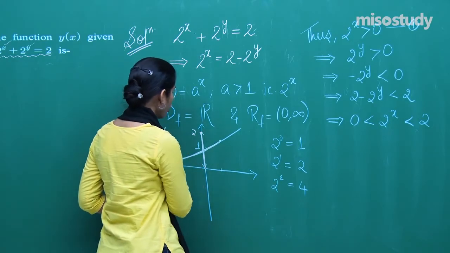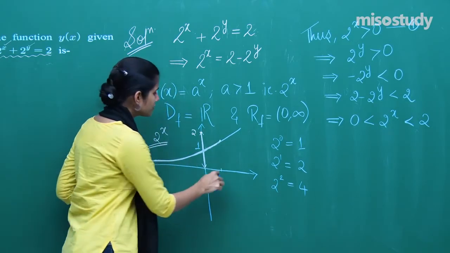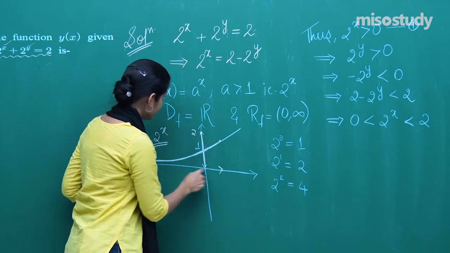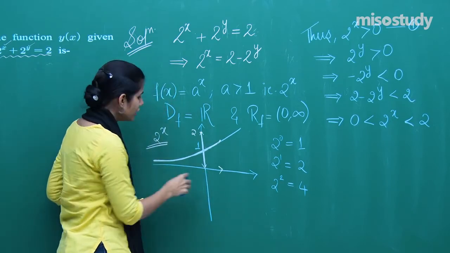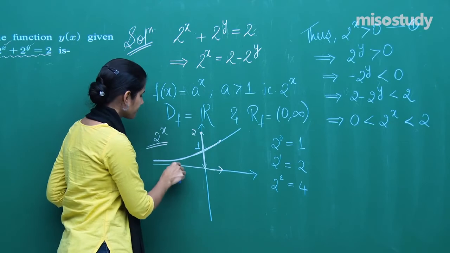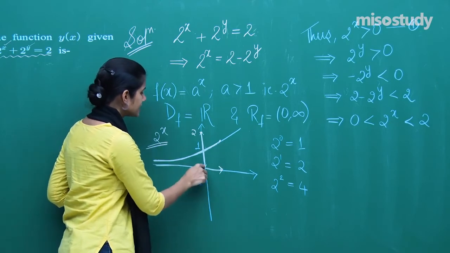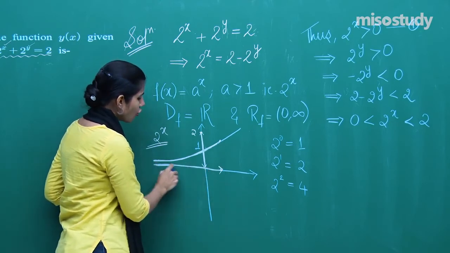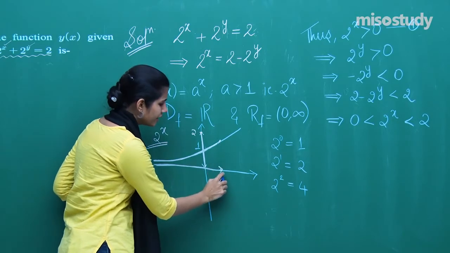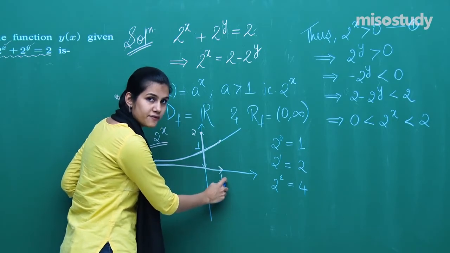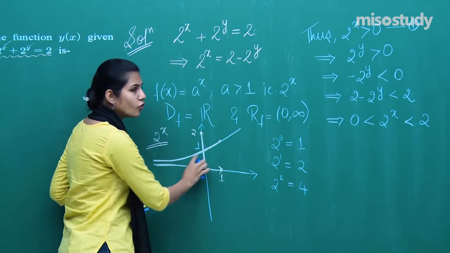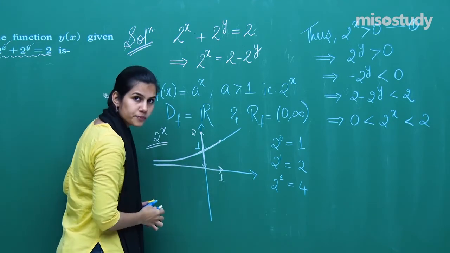And this part of graph is corresponding to this part of the domain, which is whenever x is over here or over here up till 1, my f(x) will be over here from 0 to 2.